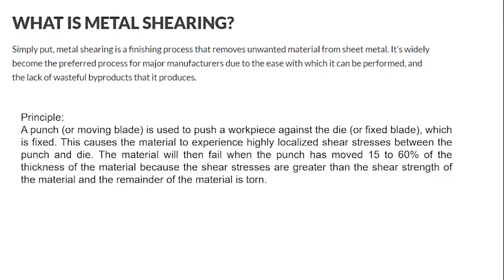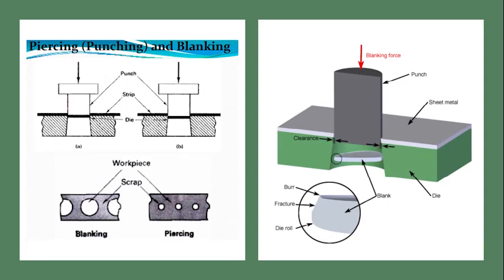Some localized shear stress will form, and when this shear stress is greater than the shear strength of our sheet, the material will be removed. So this is the principle of shearing. This we have already seen. The force which is required for continuing the shearing operation is called the blanking force.